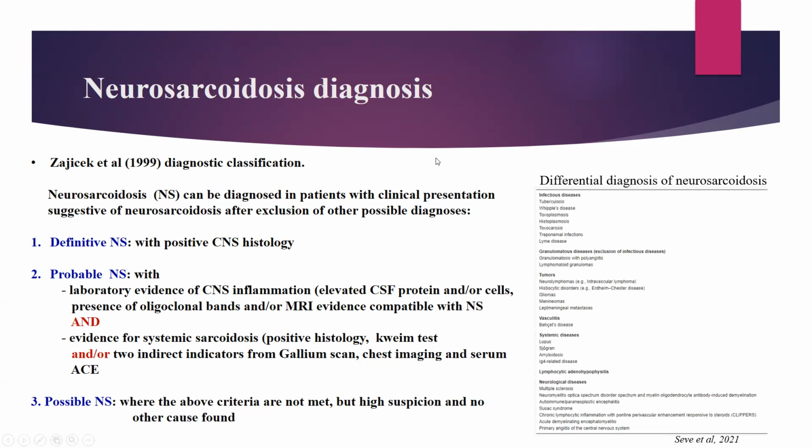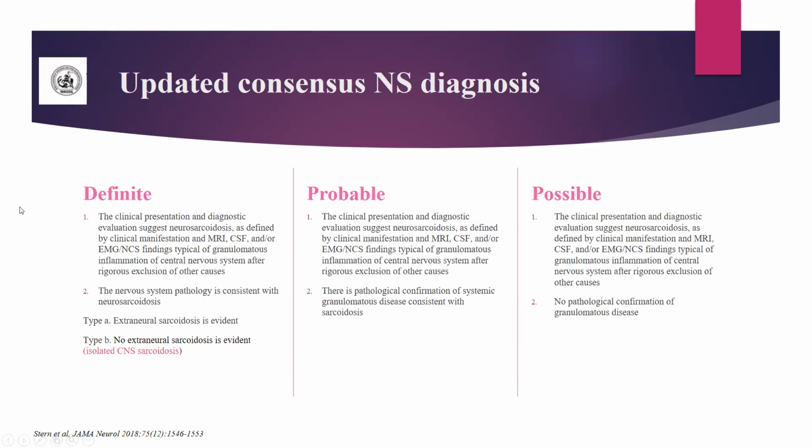There is a huge differential diagnosis of neurosarcoidosis. The clinical neurological presentation and MRI findings can all be seen in many other neurological disorders due to infection, inflammation, tumors, and vascular disease. So there is an update of neurosarcoidosis diagnosis from 2018, where a consortium made a recommendation, approved by the World Association of Sarcoidosis and Other Granulomatous Disorders.